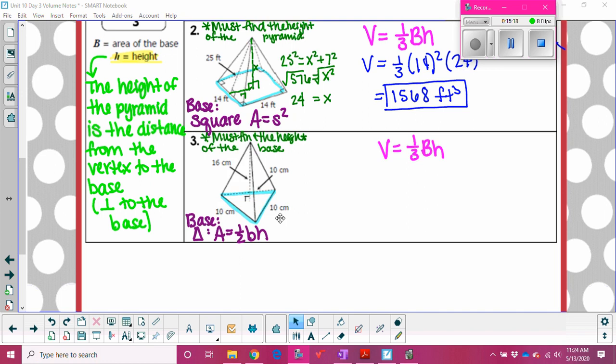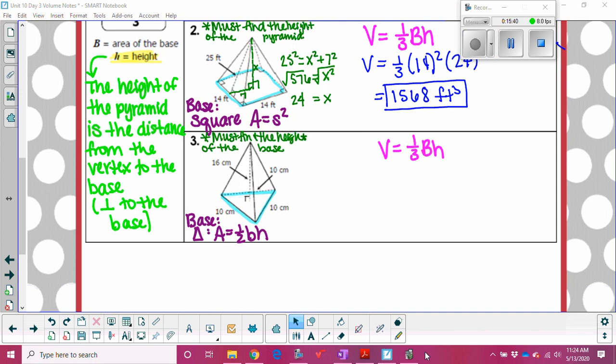Now we are missing something. If we got to find the area of the base, which we do, we don't have the height of our triangle. We have that this is an equilateral triangle. We know that these are all 10, but we don't know the height. Okay, so what we have to do is find it.